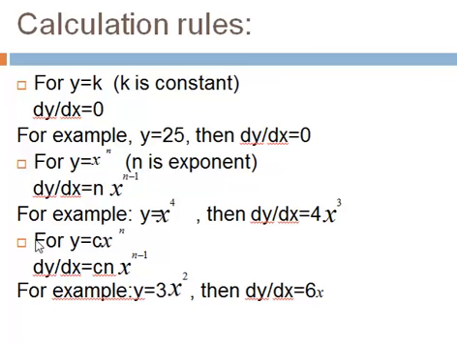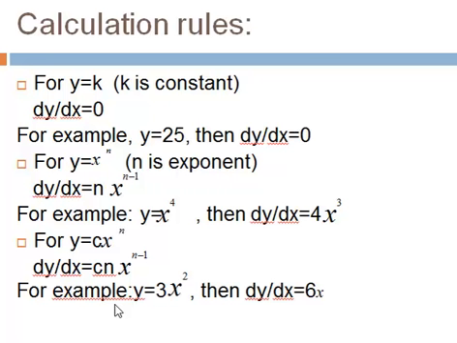Another kind of exponent we will see is y equal to c times x raised to the power of n. As we see here, what is c? c is a constant number. That is expressed by dy over dx equal to c times n times x raised to the power of n minus 1.